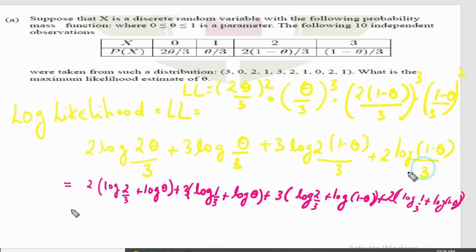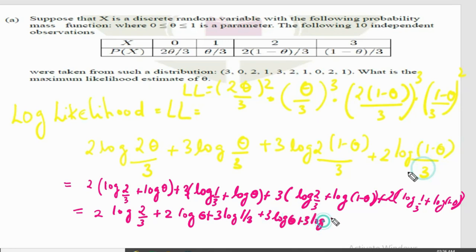So it's basically done to remove the constants. So you can write it like this: 2 log 2 by 3 plus 2 log theta plus 3 log 1 by 3 plus 3 log theta plus 3 log 2 by 3 plus 3 log 1 minus theta plus 2 log 1 by 3 plus 2 log 1 minus theta.